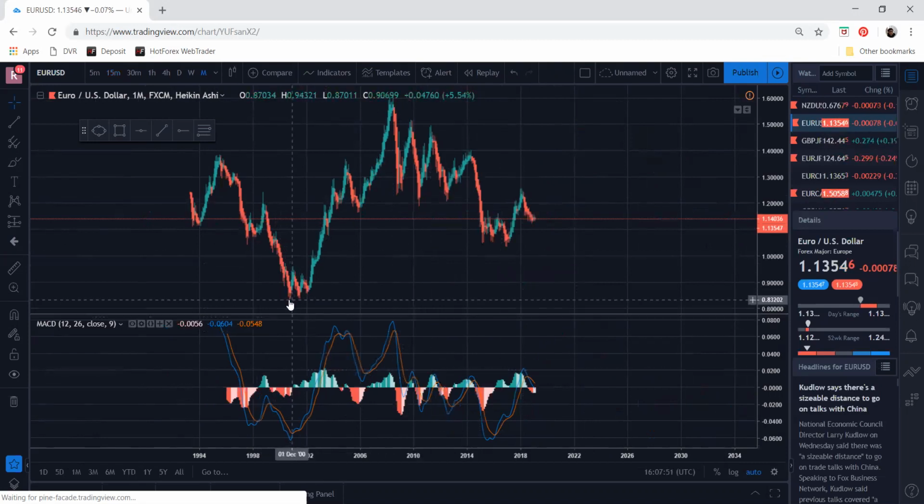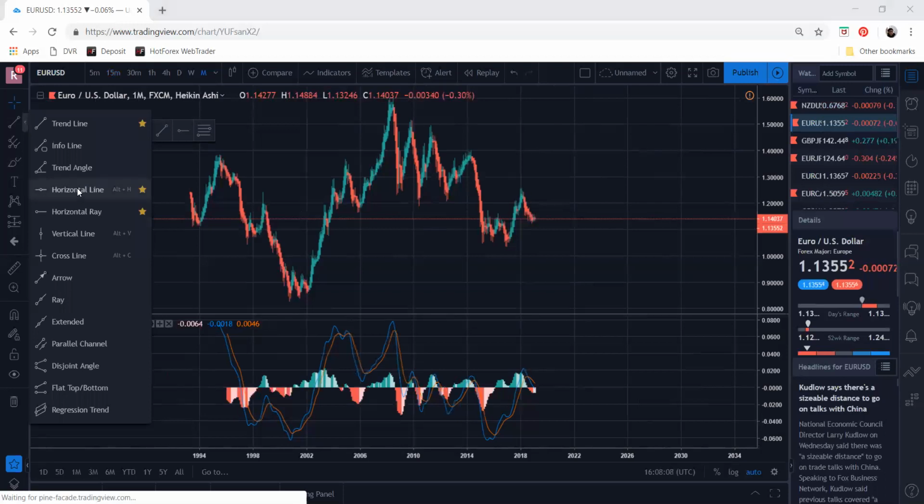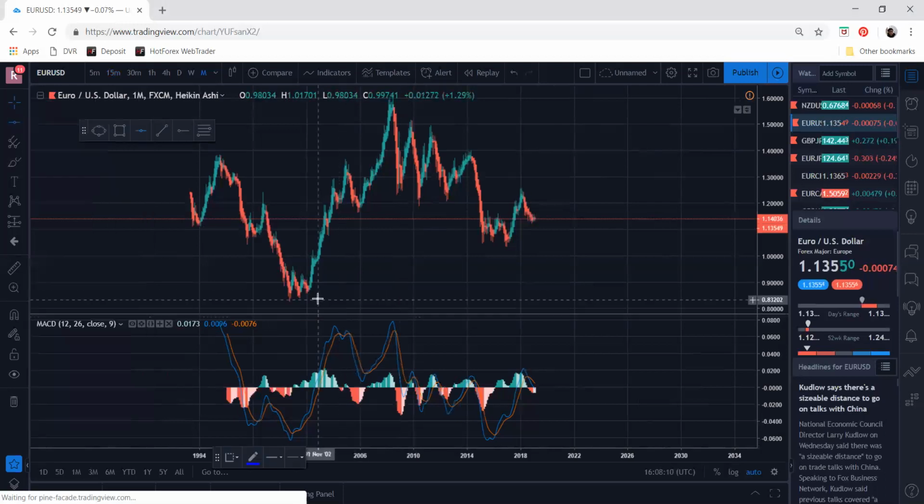So let's make sense of this first and foremost. Because at the bottom you see the dates. Back in August 2000, let me just put a line so that you guys can see exactly what I'm talking about. Price was down at this area at 0.83830. It's euro to the US dollar. So 1 euro was valued at this amount in US dollars in 2000.